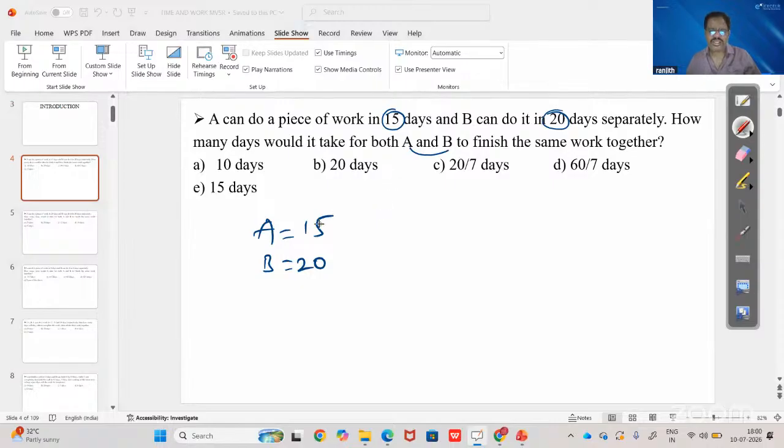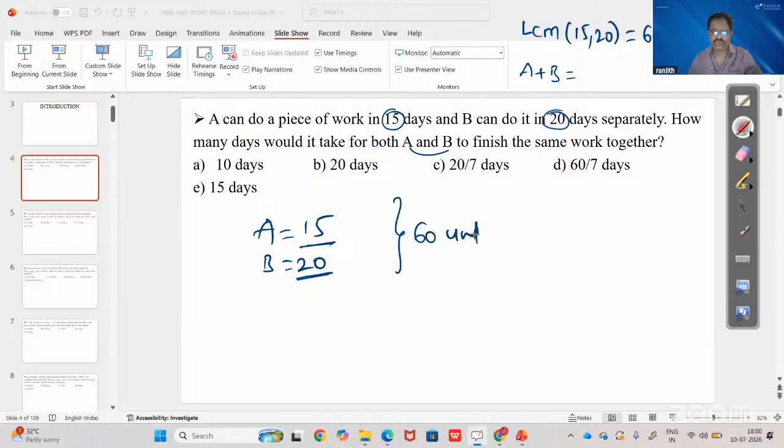A and B together, how much work they are doing, we don't know. So we are taking the LCM of 15 comma 20. What is the LCM of 15 comma 20? 60 units. Both of them are doing 60 units of work.